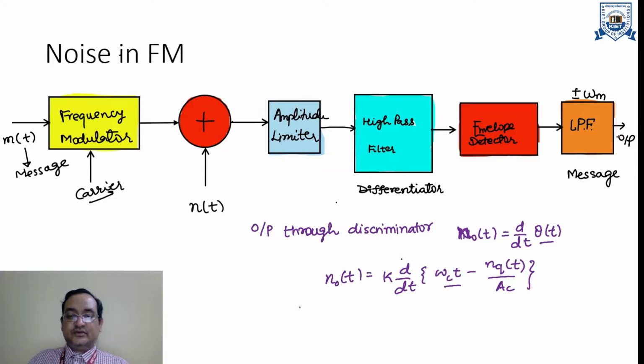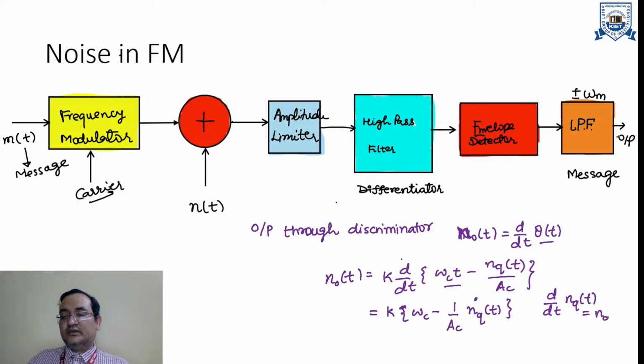When you differentiate this, k d by dt will be replaced by omega_c minus 1 upon A_C times n_Q dot t. This one is a dot because it represents d by dt of n_Q(t).